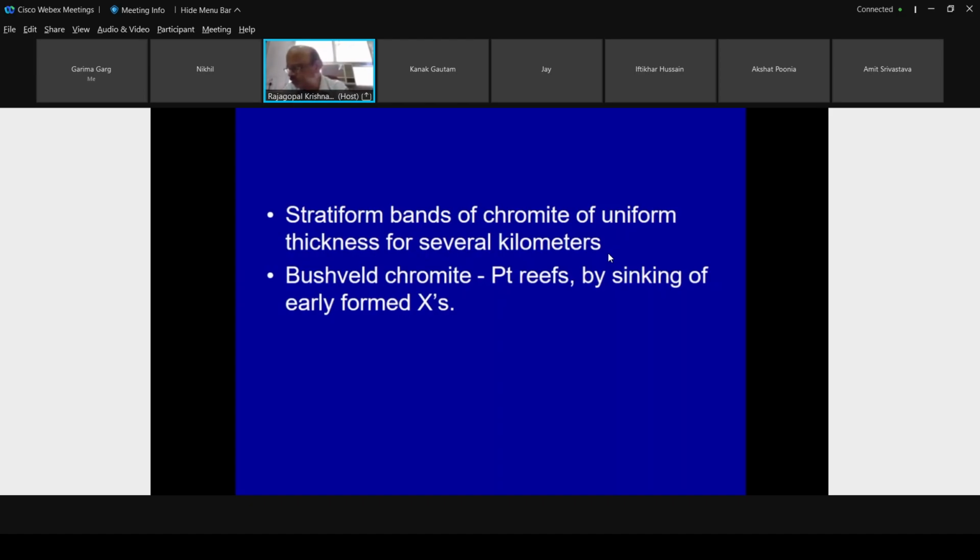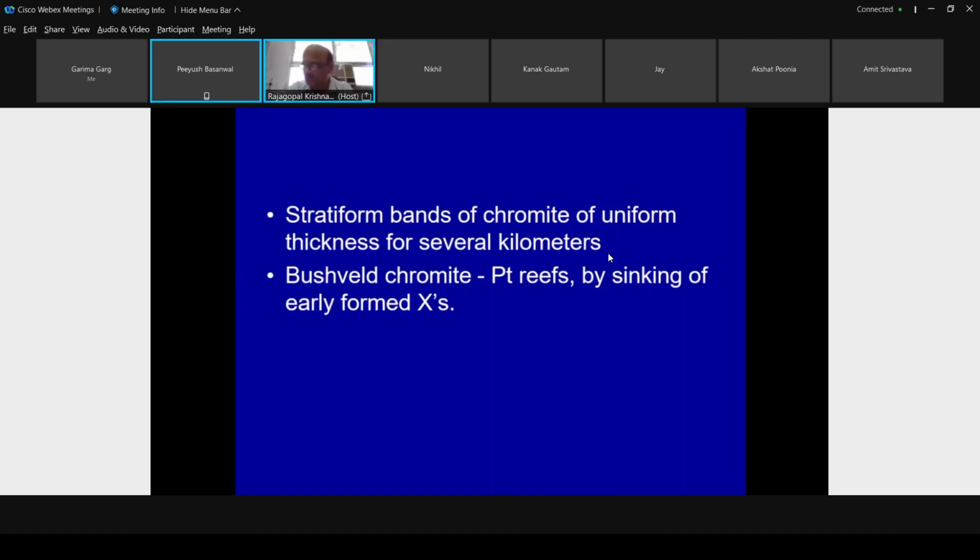Can I have Mr. Piyush? Yes, sir. Why do we use stratiform bands? They form layers, sir, as they sink. But stratification is mostly used in sedimentary petrology. So stratiform bands. Do you know what stratiform is? What is stratabound?